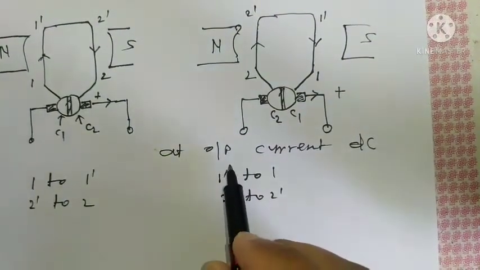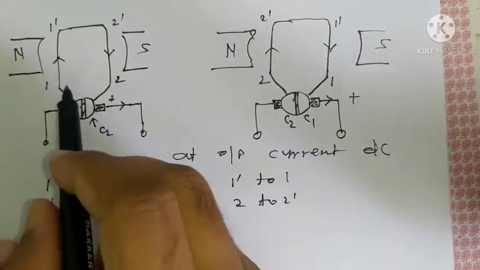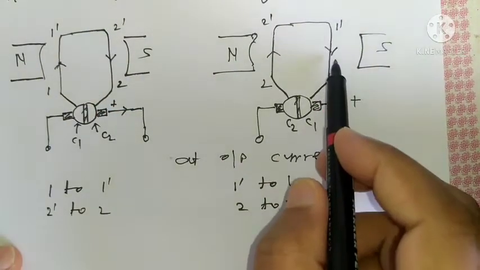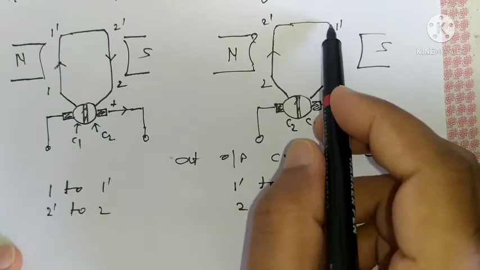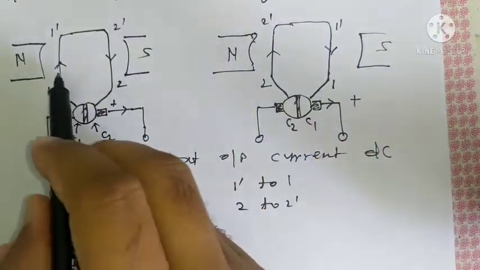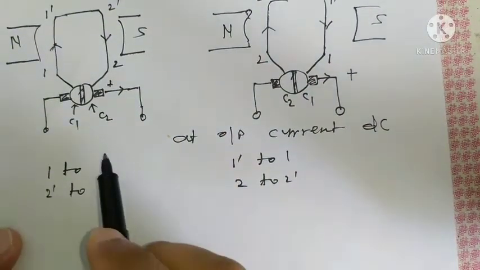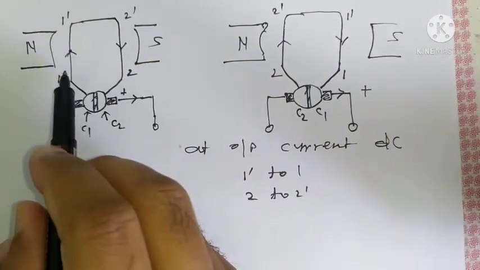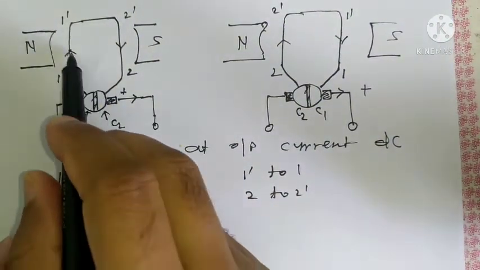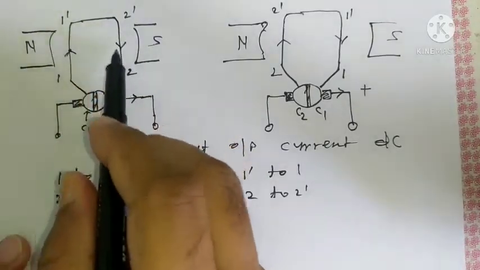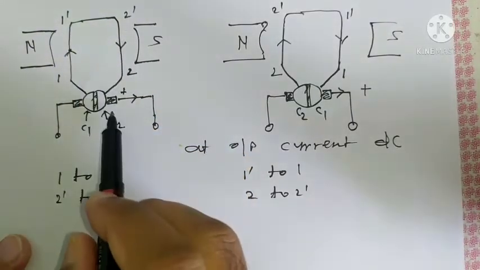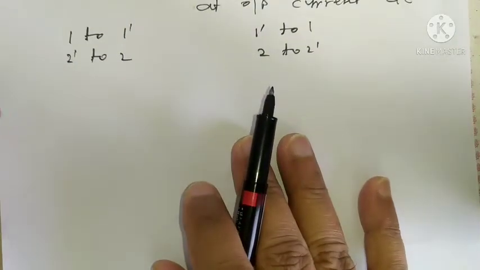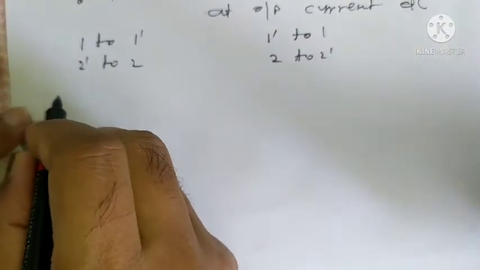So what we are seeing, the current direction is reversed. Initially it was flowing from 1 to 1 dash, and here after 180 degrees it is flowing from 1 dash to 1. That means current in the armature is alternating, whereas at the output current is DC. So this is how the commutator is converting AC voltage or AC current developed in the armature into DC at the carbon brushes, right? So this is how the commutator is working.